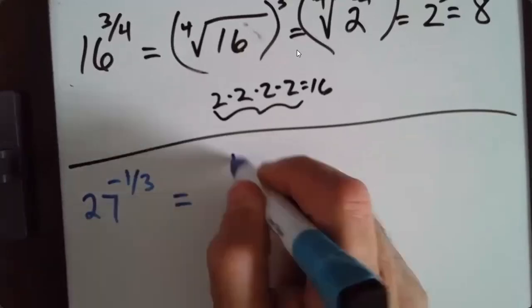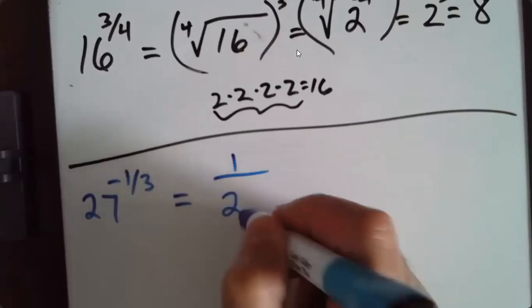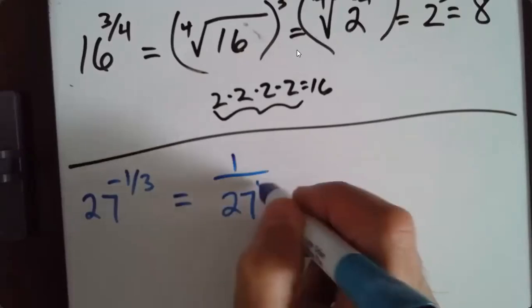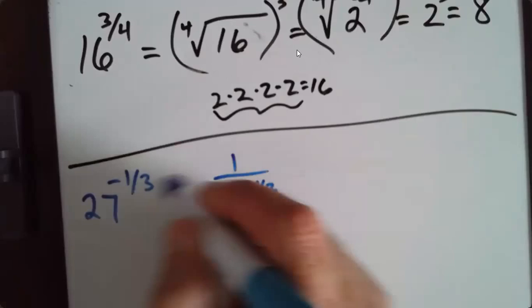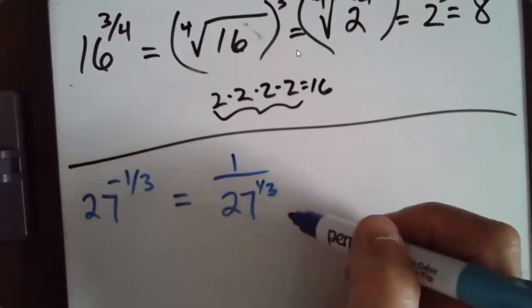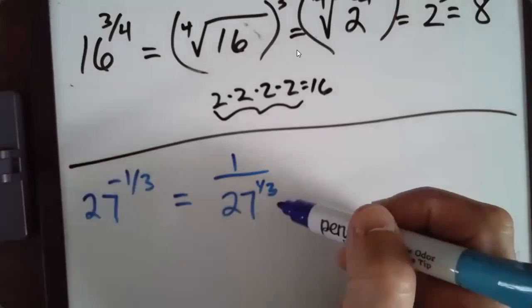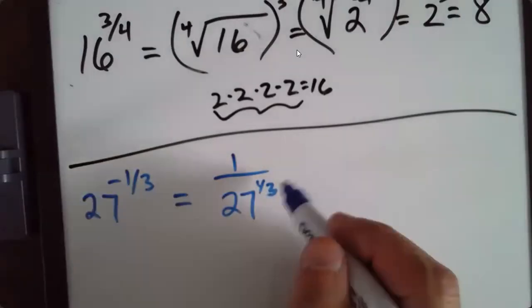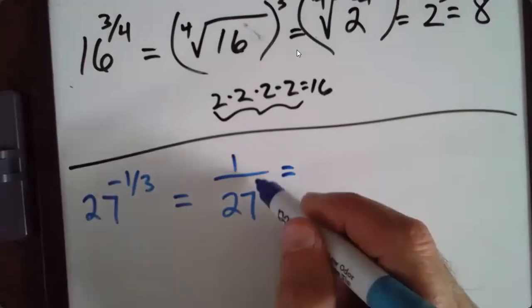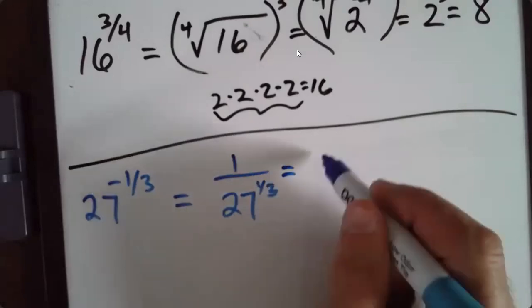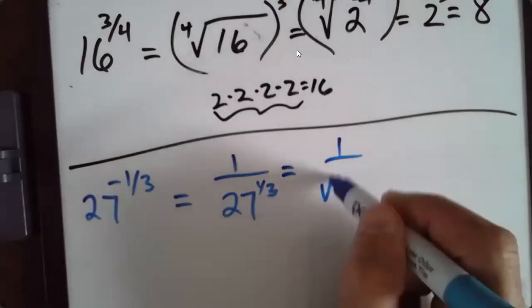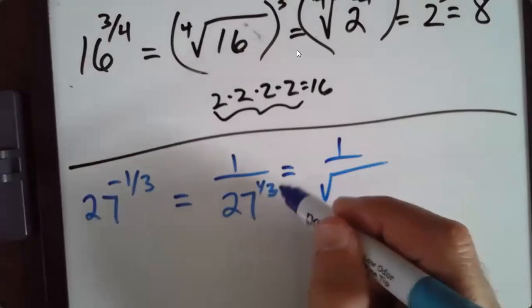So that'll be 1 over 27, and then you make that exponent positive. So that's 1 over 27 to the 1/3 power. And we said before that when you have a rational exponent like that, it becomes a radical. The denominator is 3, so that'll be your root.